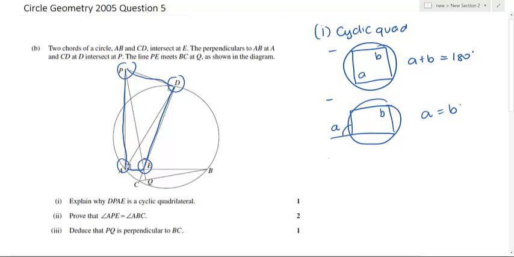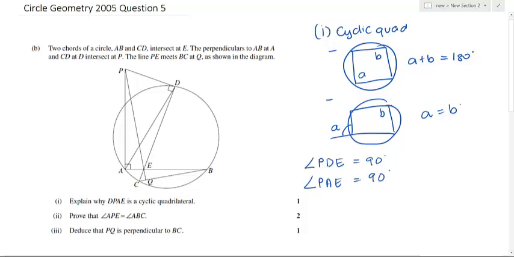You can see that angle PDE is equal to 90 degrees. I'll rub out my scribbles so that you can see it more clearly. So PDE is 90 degrees and the other one, PAE, is also 90 degrees.